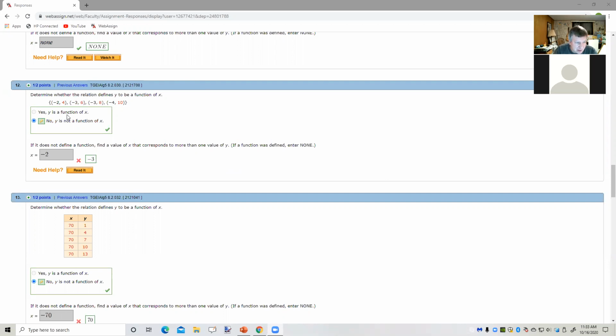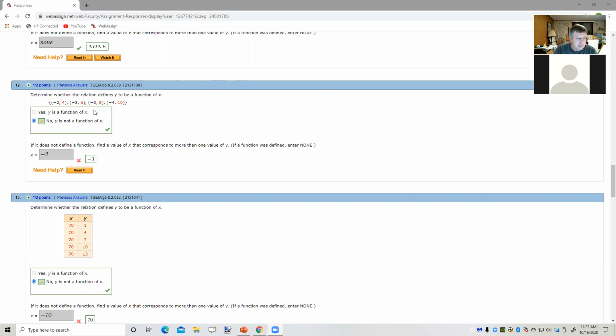Yes. So that's why it's not a function, which you got correct. Then it says, if it does not define a function, find a value of x that corresponds to more than one y value. Well, that would be -3. -3 is the x value that corresponds to more than one y value. Okay? Oh, okay. I see.